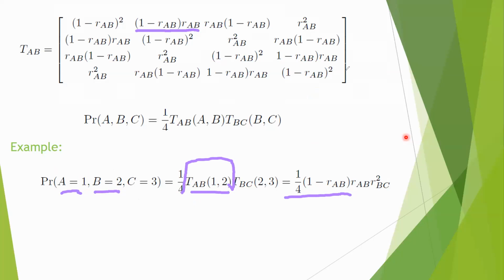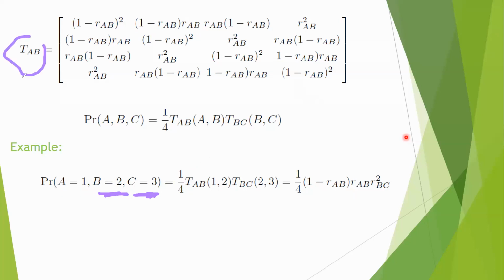Okay, now the next step. Given B equals 2, what's the probability for us to see C equals 3, right? It's the same. Just think about it as using the same transition matrix for B to C as well.